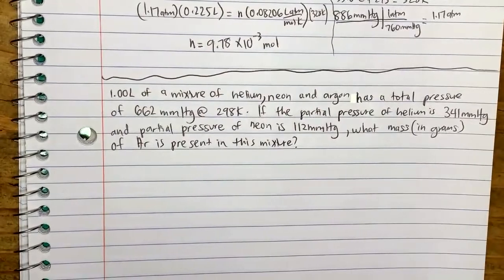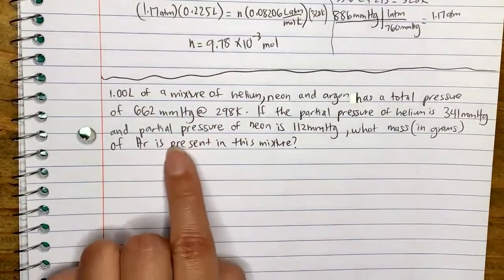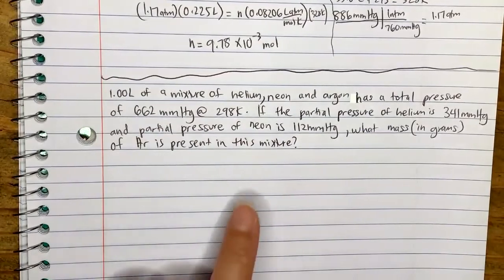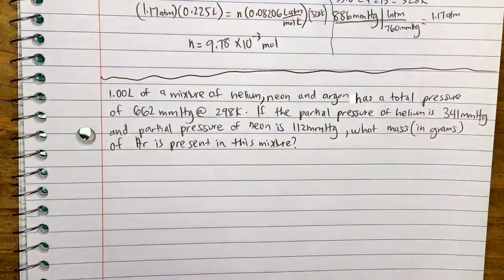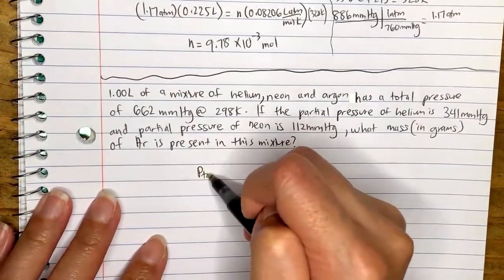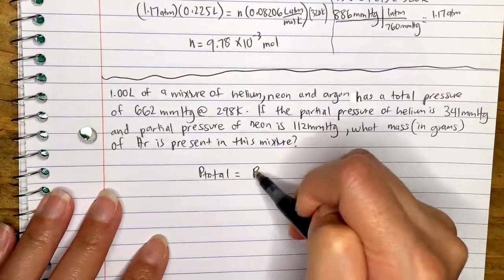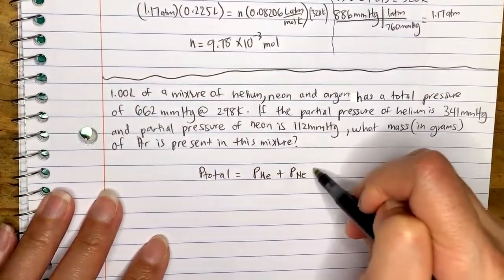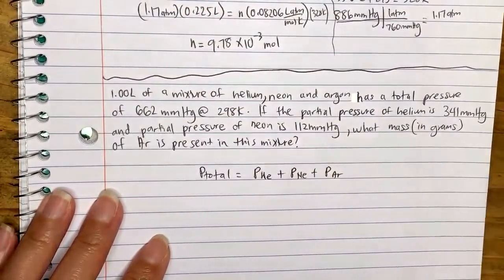So there's 3 gases, okay? And the total pressure of the 3 gases is 662. They gave you the pressures for the other 2 gases. You can get the pressure of argon, agree? So P total is the pressure of helium plus the pressure of neon plus the pressure of argon.